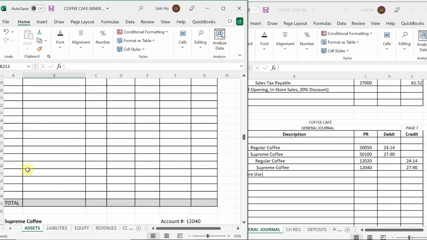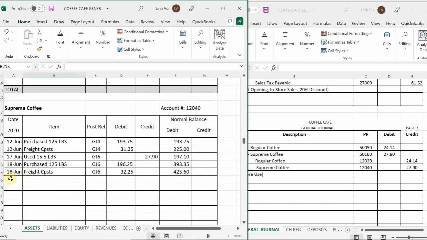Last but not least, we have to update our Supreme coffee, because we used 15.5 pounds. General journal 7, for a total of $27.90.